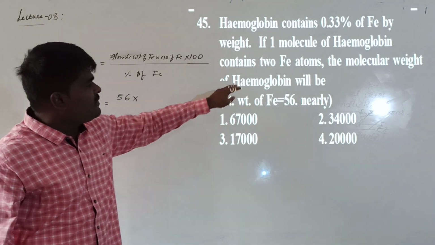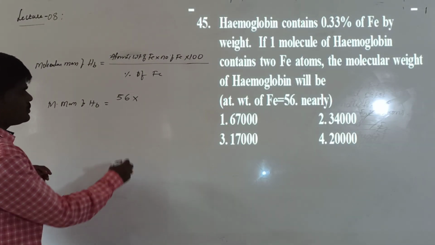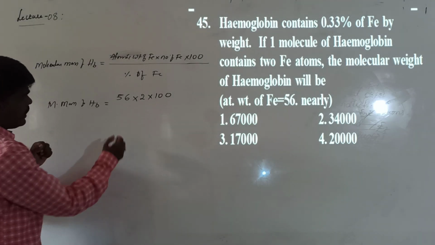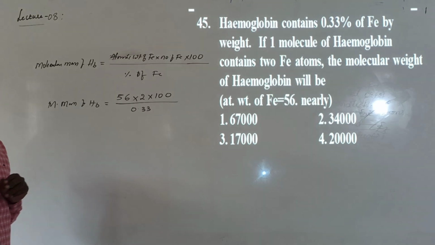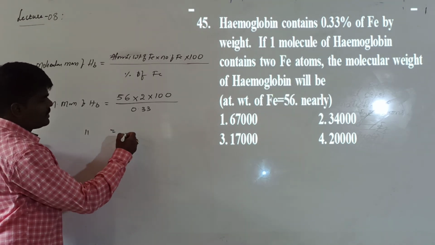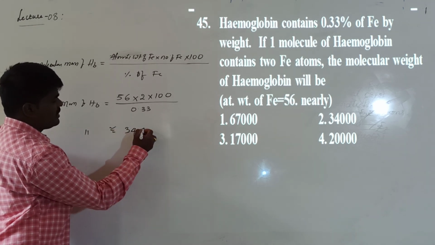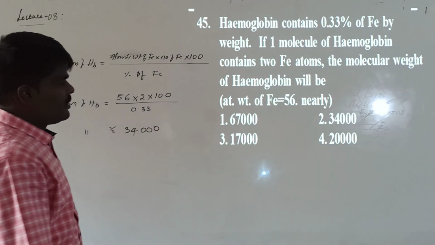How many atoms of iron are present in one molecule of hemoglobin? 2, into 100, right? What is the percentage given? 0.33. So if you simplify this, it comes to approximately 34,000. Right? Are you getting this?